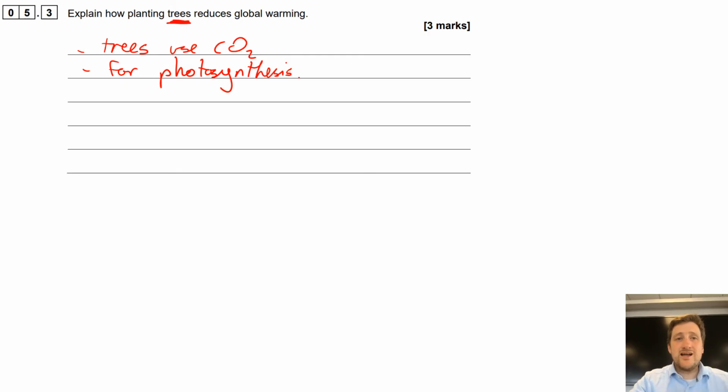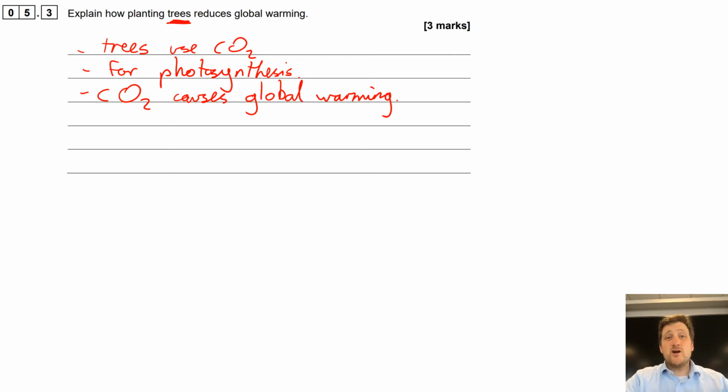Why is that important? How does that reduce global warming? Well, CO2, or carbon dioxide, causes global warming. You could put that at the top or at the bottom, but it's all about you showing that you know carbon dioxide causes global warming and trees use it. I've used the word use, but you could say absorb carbon dioxide for photosynthesis as well.